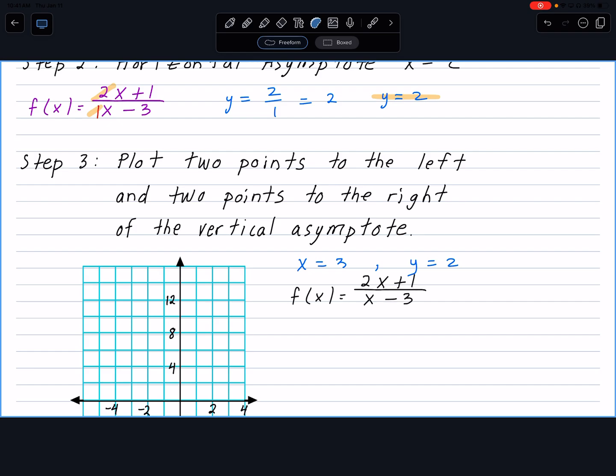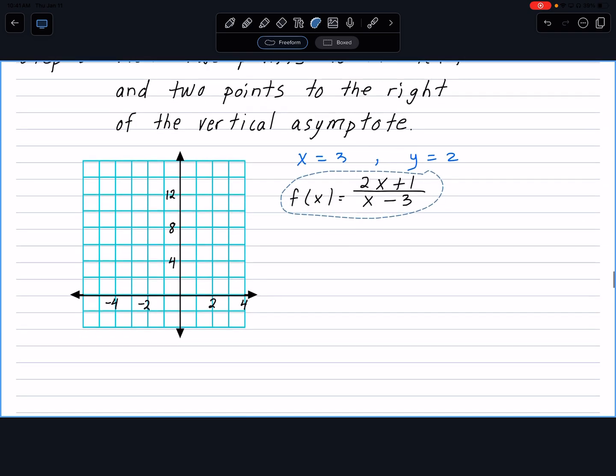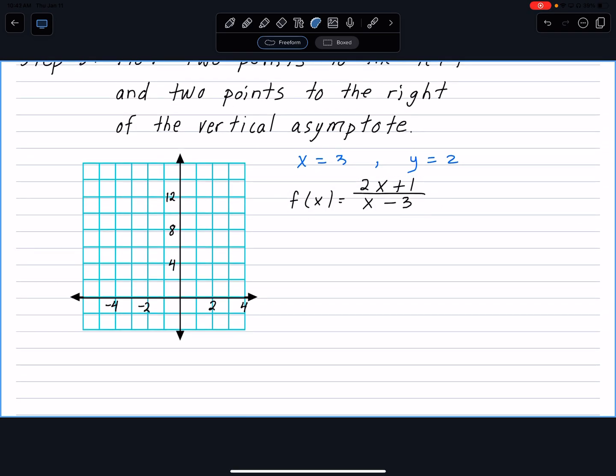So let's graph our stuff here. Vertical asymptote's at 3. Horizontal asymptote is at 2. Looks like I could make this graph a little bit bigger, which is fine.